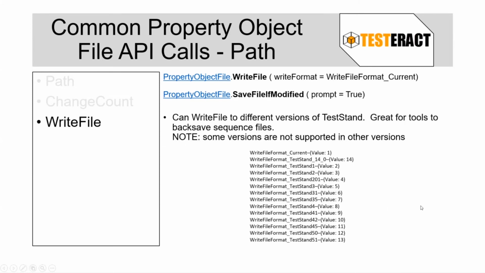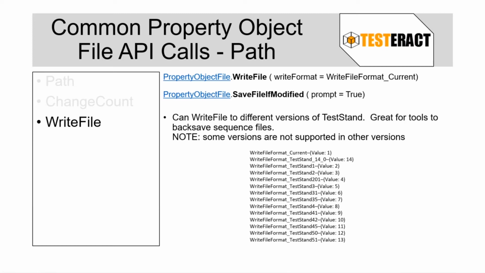Nope. All right. So write file is pretty straightforward. Save file if modified. And then if you're actually dealing with a sequence file, just use the save function for that. That's the easiest. Oh, and you can use this write file, and you can feed it a format. So then you can save it as a different version of TestStand if you want.